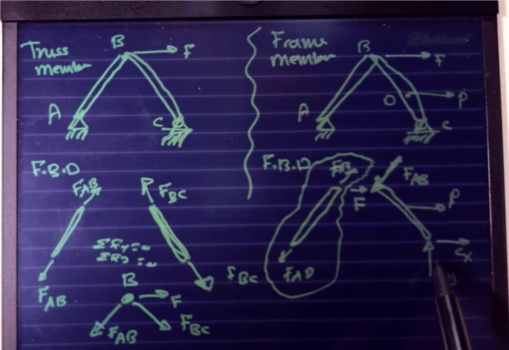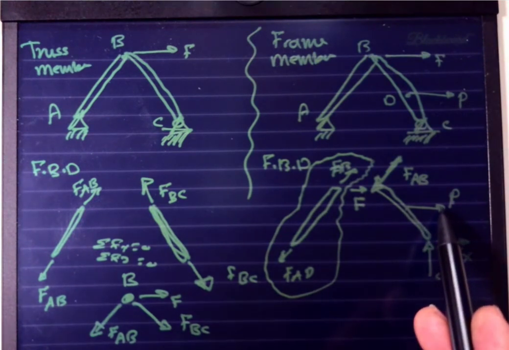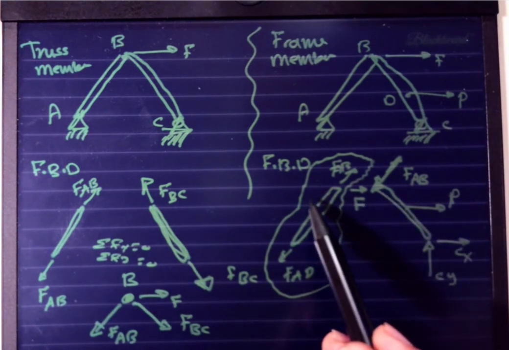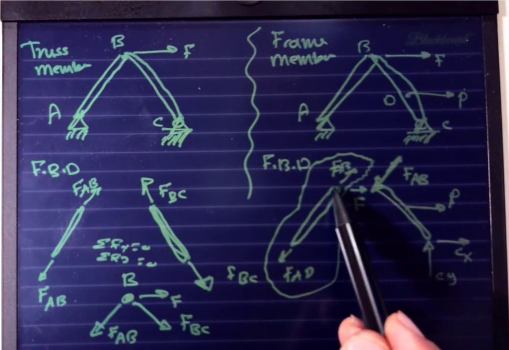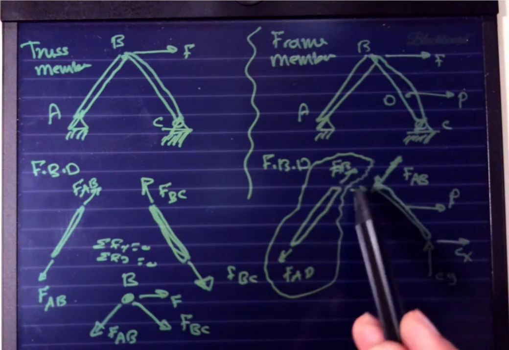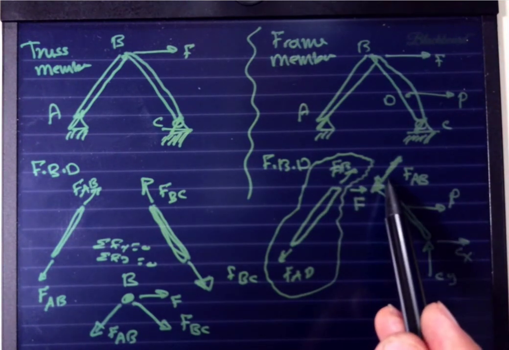The reaction force at C has unknown direction, but we can assume it has unknown components CY and CX. The load P still remains there, an external force and part of the calculation. We know that there is a reaction force coming from the joint B, and that force is FB or FAB, but opposite to the one assumed for AB. So we label it here.